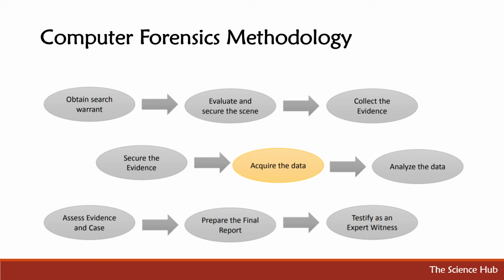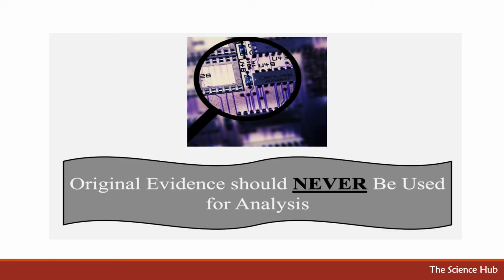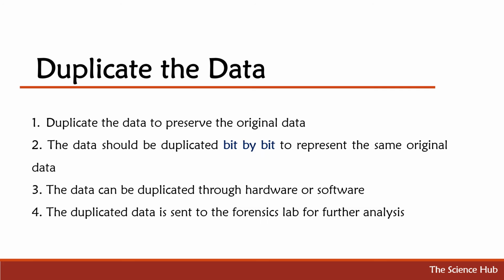Then comes acquiring the data. Original evidence should never be used for analysis. This is the main rule of acquiring the data. To examine any evidence, or we can say any data, should be duplicated first of all.